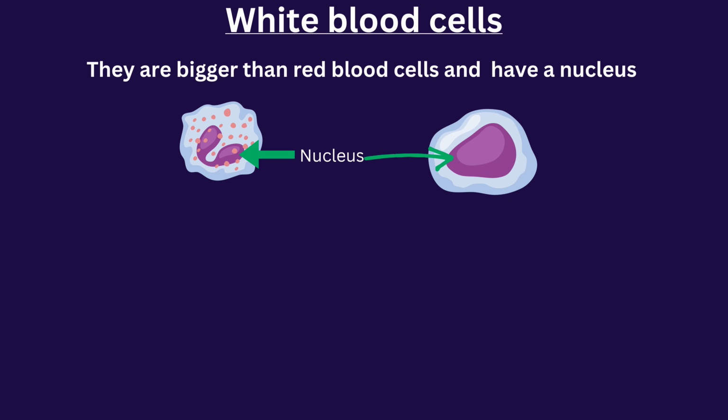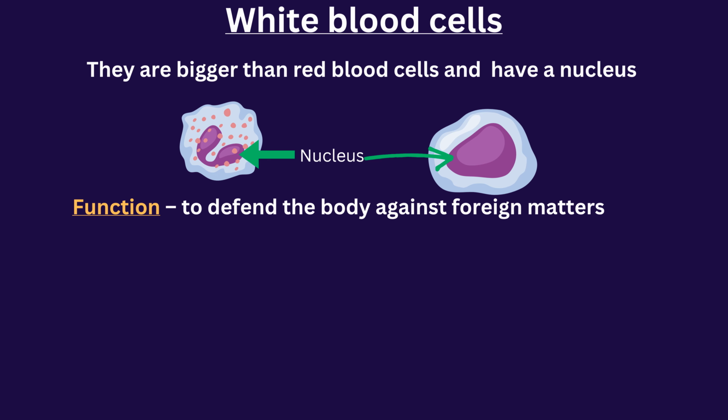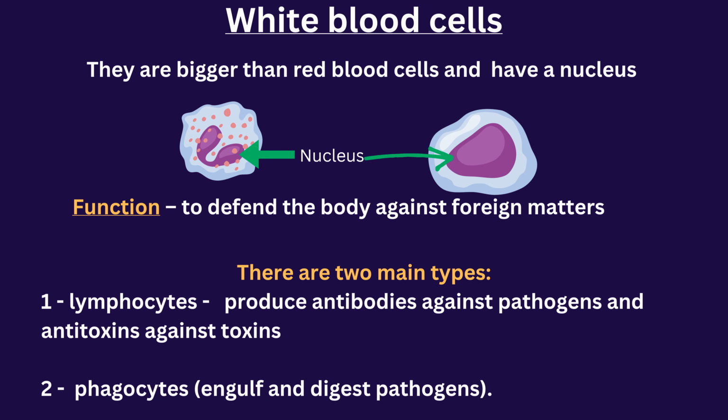Next subheading is white blood cells. So white blood cells, they are bigger than red blood cells and they have a nucleus. The function of the white blood cell is to defend the body against foreign matter. And there are two main types: lymphocytes, that's the one to the right, and lymphocytes are responsible for producing antibodies against pathogens and antitoxins against toxins.